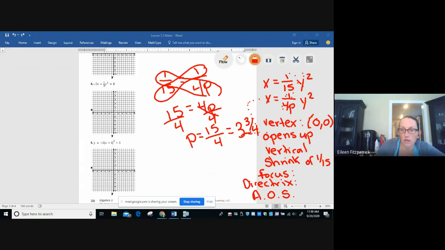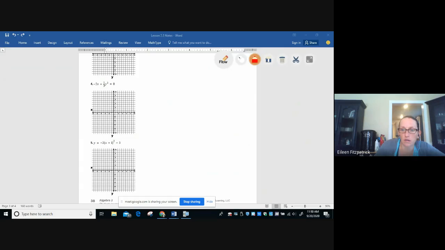Okay, so let me, oh, I didn't mean to delete all that. I wonder if I can undo. I don't think I can. All right, I got to write some of that stuff down again. Sorry. It was x is equal to 1/15 y squared. We said our vertex is 0, 0.